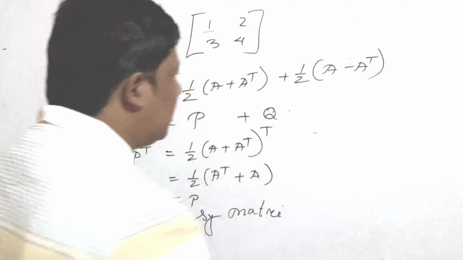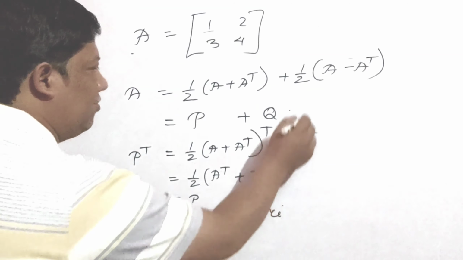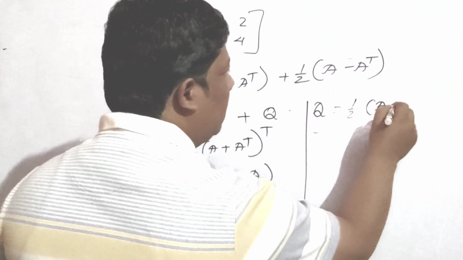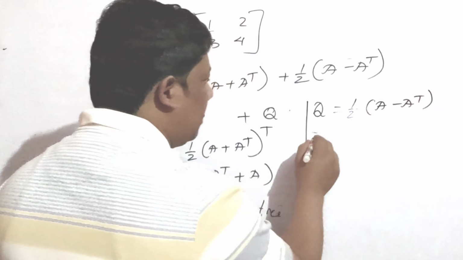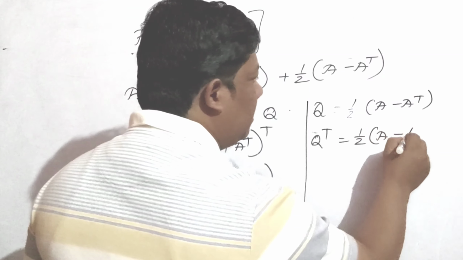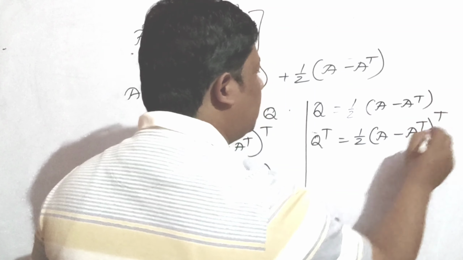Next, in case of Q, suppose it is Q. So Q equals half of (A minus A transpose). If we transpose on both sides, then I get half of (A minus A transpose) whole transpose.